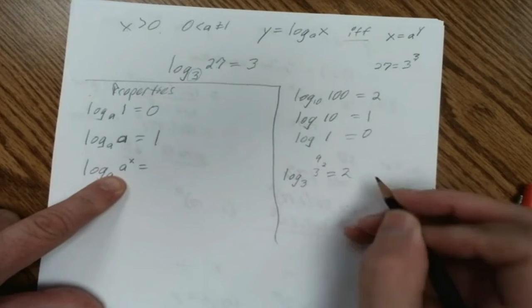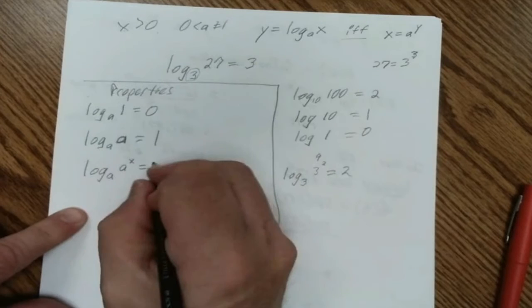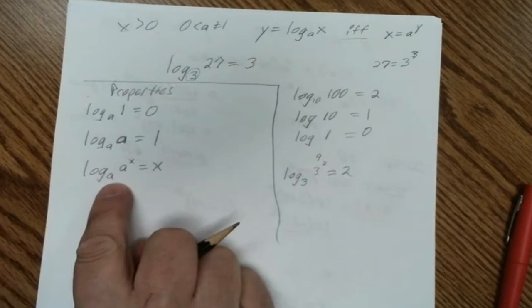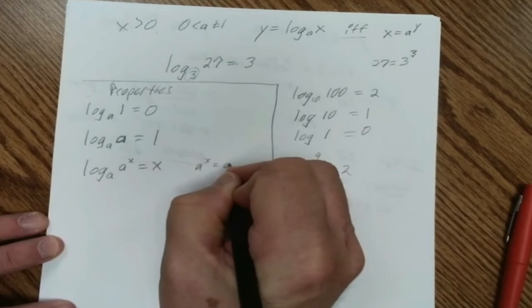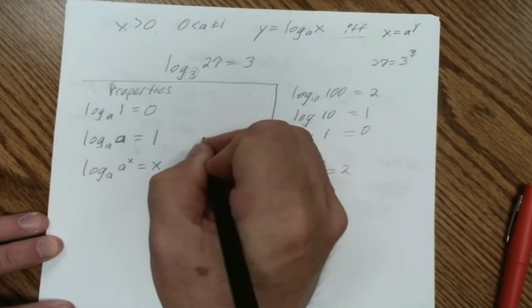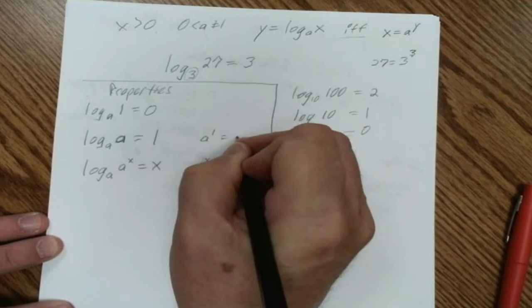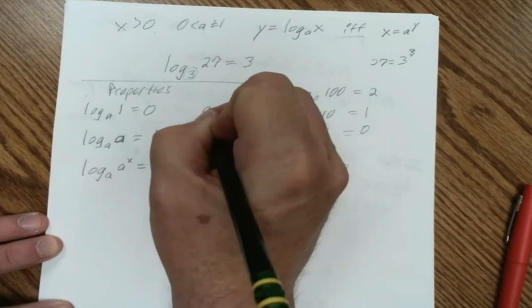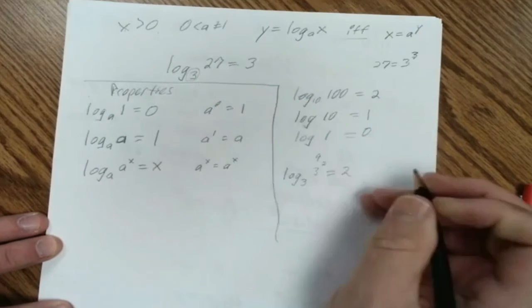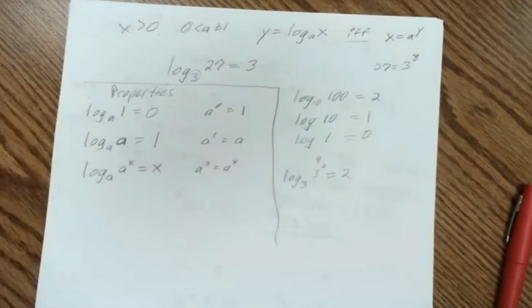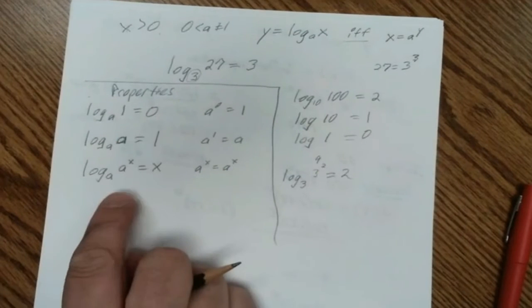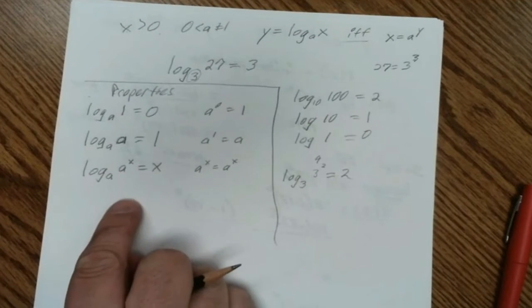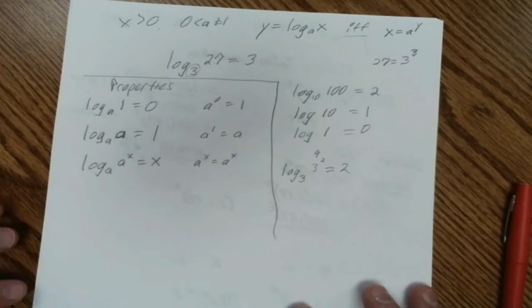We have to raise it to the second power. This is always going to equal x, because a to the x equals a to the x. This one, because a to the first always equals a. This one, because a to the 0 power always equals 1. Because these are true, these are the properties of these logs. All logs are going to work with this, regardless of what the a is.